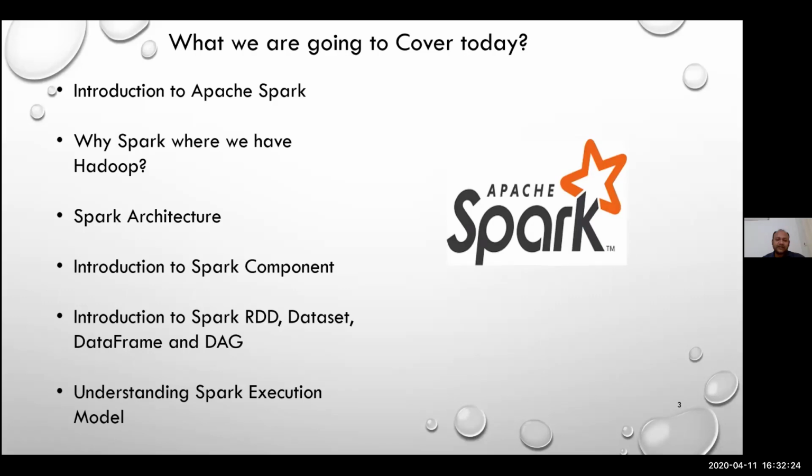And there are some concepts that we need to understand before even starting any Spark applications. So we need to understand what is RDD, what is DataFrame, what is Dataset, what is DAG, and also how Spark executes whenever we are submitting any code. Today we'll go through only the theoretical part, but in the next class, if I'm not wrong, we are going to configure the Spark cluster and see how it relates to our theoretical knowledge.